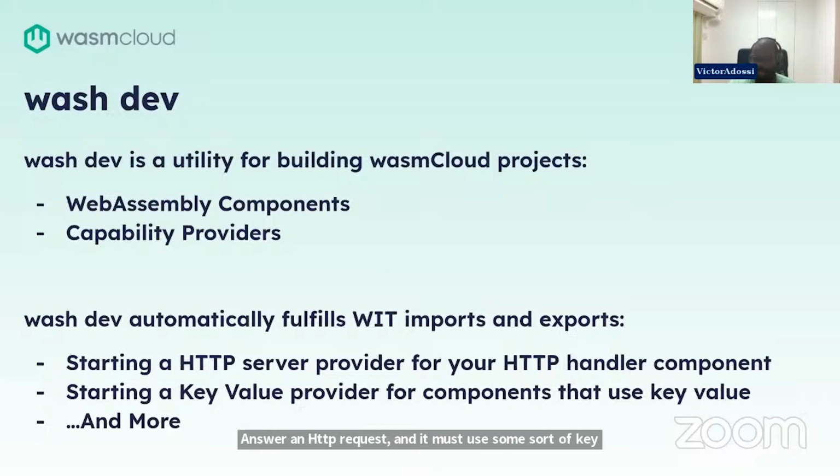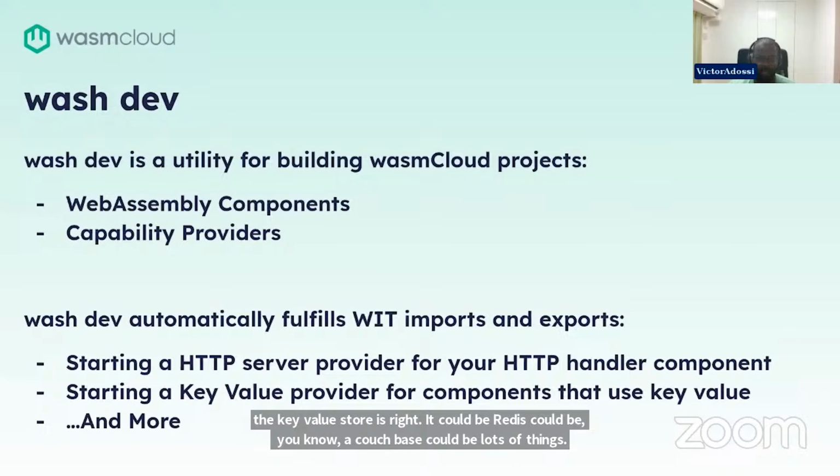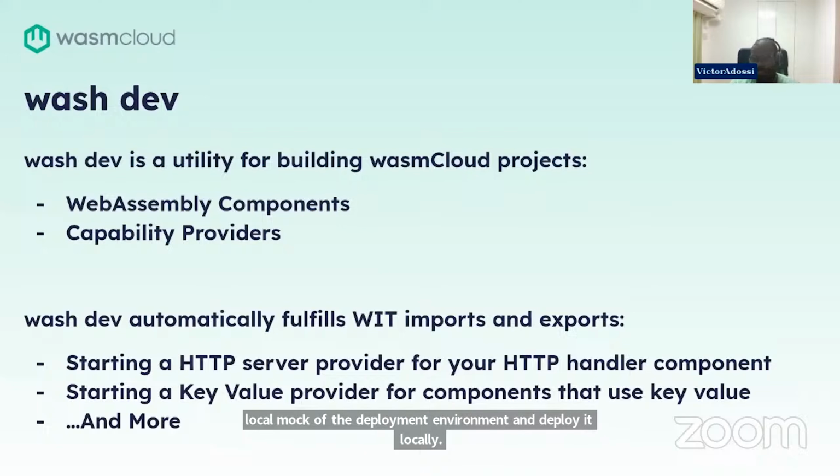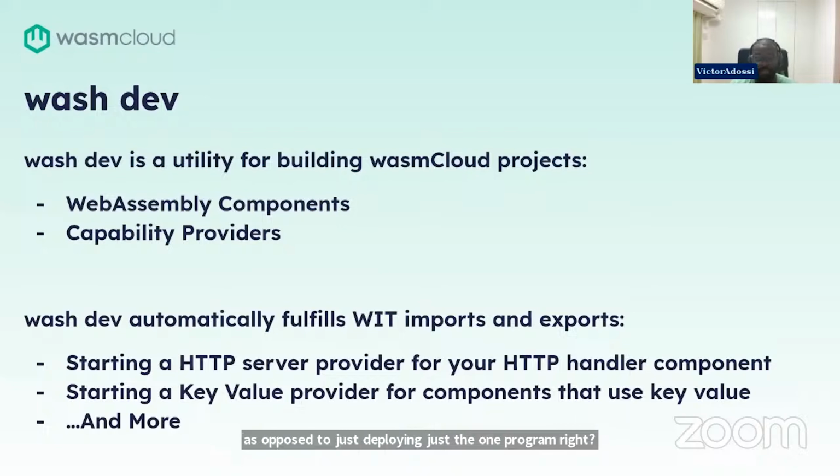It could be Redis, it could be Couchbase, it could be lots of things, but we can tell those things just from the interface. Now we can take that interface and use it to automatically generate the spec, sort of a local mock of the deployment environment, and deploy it locally, as opposed to deploying just the one program. We've really leaned into that, for both imports and exports.